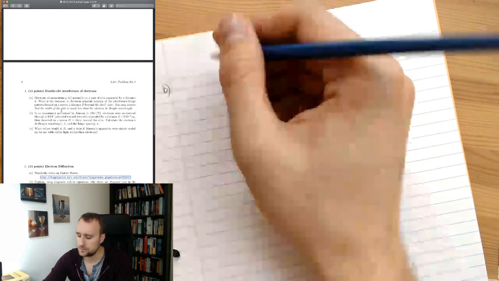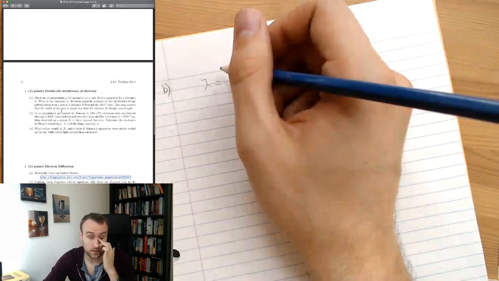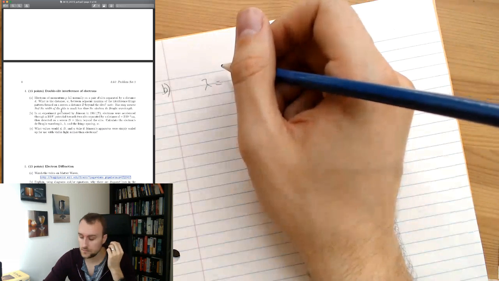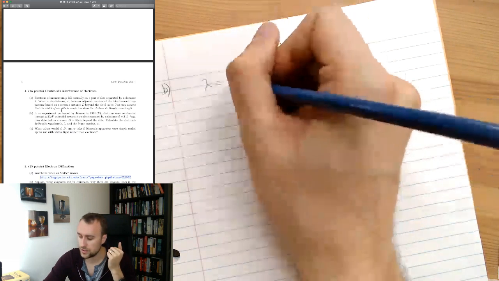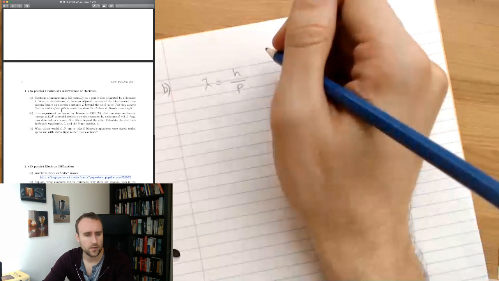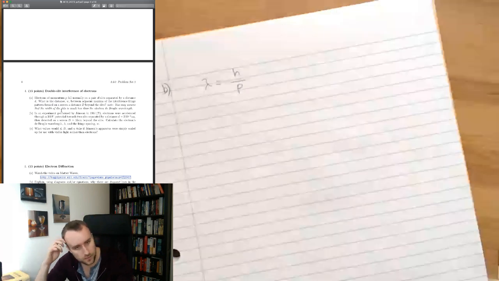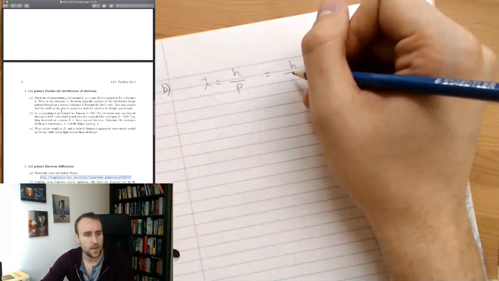All right, well, this is going to be equal to, what did we decide? This was equal to h over, not h bar, h over momentum. And so the momentum of the electrons is going to be equal to the electron's mass times their velocity.